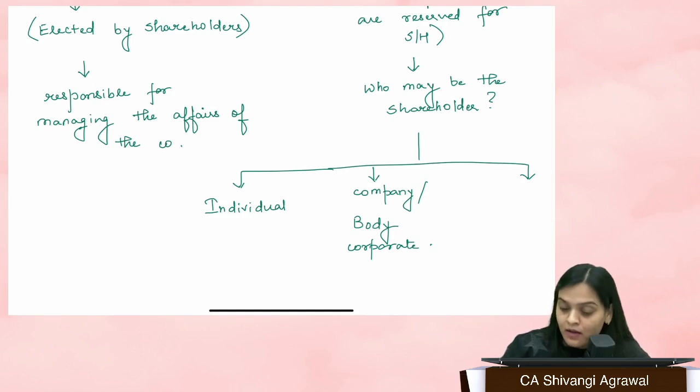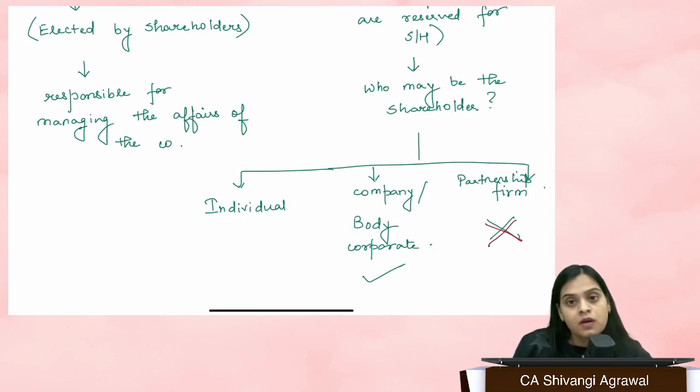Okay. And can a partnership firm be a shareholder? The answer is no. A partnership firm is not a legal person in the eyes of law, and since it is not a legal person, it cannot invest in the shares of the company.